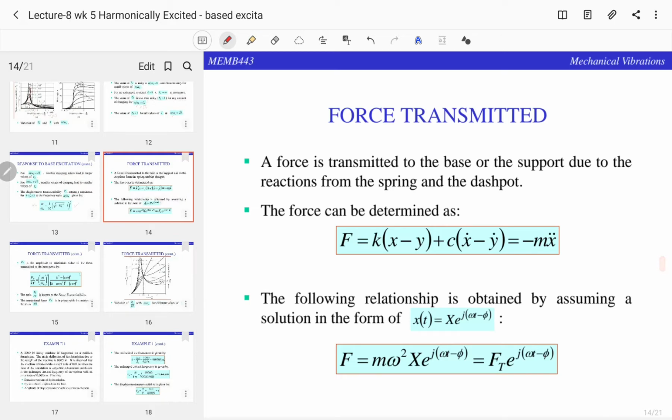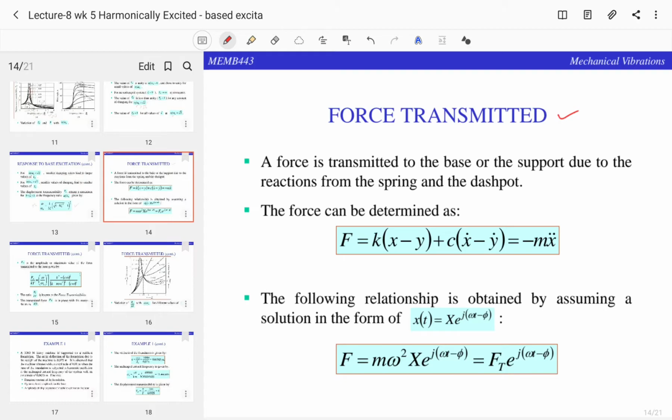Other than displacement transmissibility, you can also calculate the force transmitted, how much force is being transmitted to the base or the support due to the reactions from the spring and the dashpot.